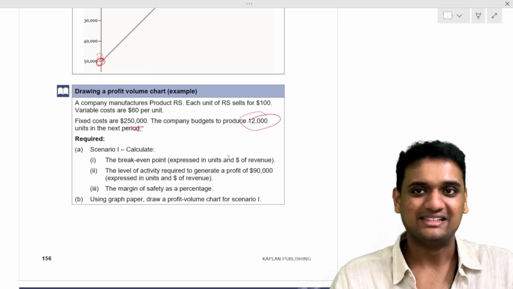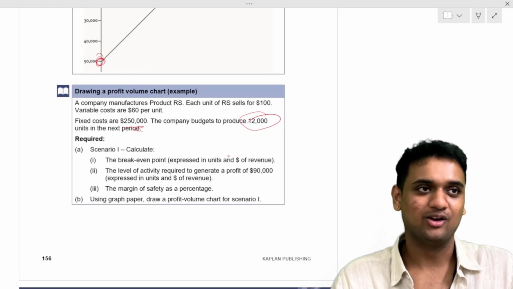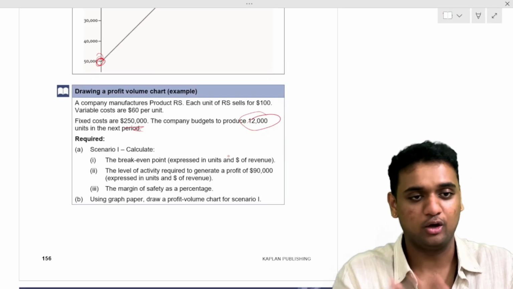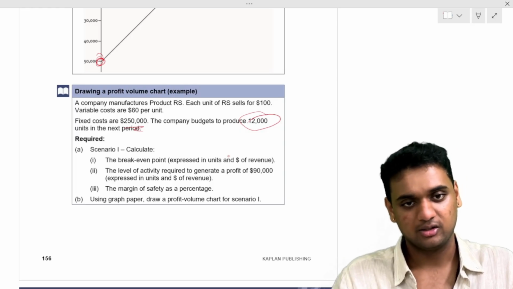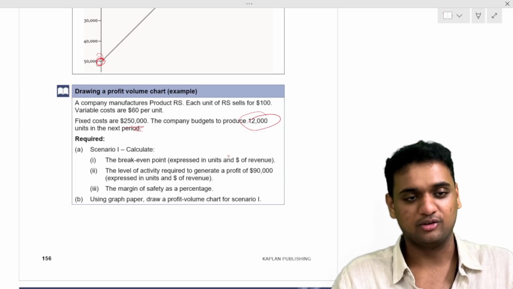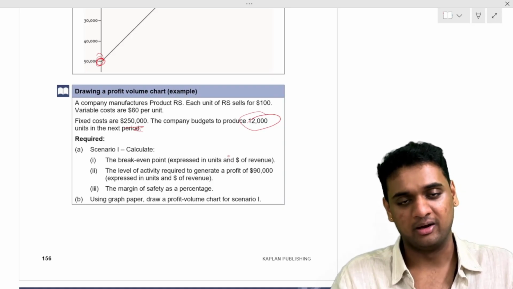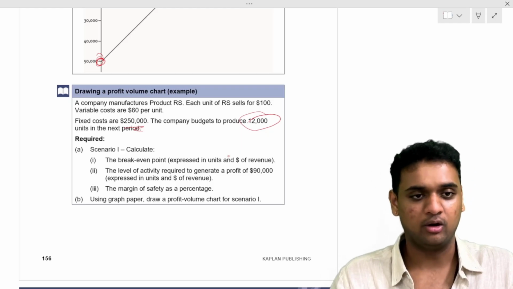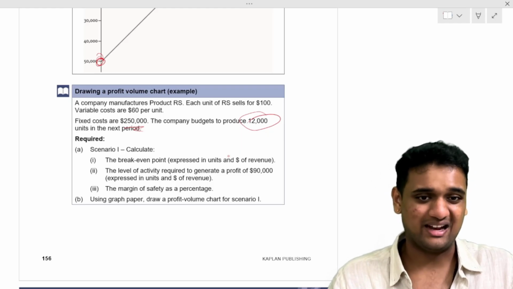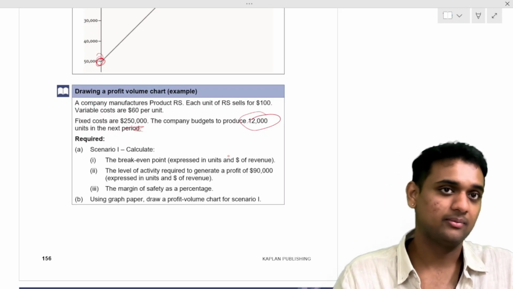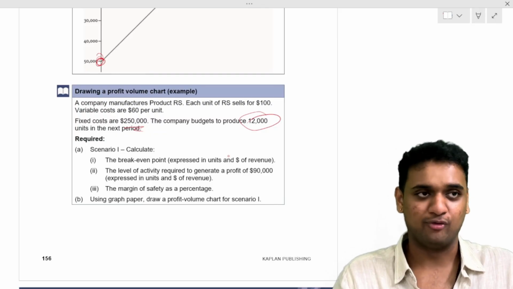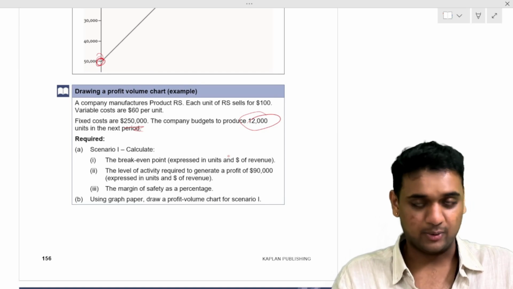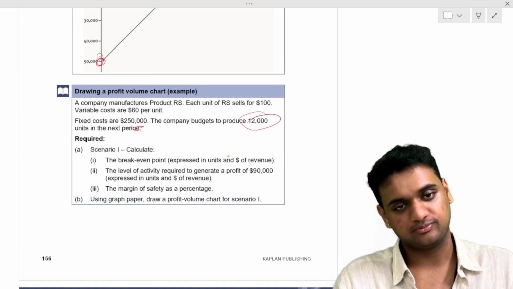Fixed cost divided by CS ratio. What is the CS ratio? Contribution per unit divided by sales per unit, or total contribution divided by total sales. 40%. Contribution is 40, divided by sales 100, is 40%. Fixed cost divided by 40%. Take your calculator and put 2,50,000 divided by 40% or 0.4. Whatever you put, you'll get the same answer. What did you get? 6,25,000.